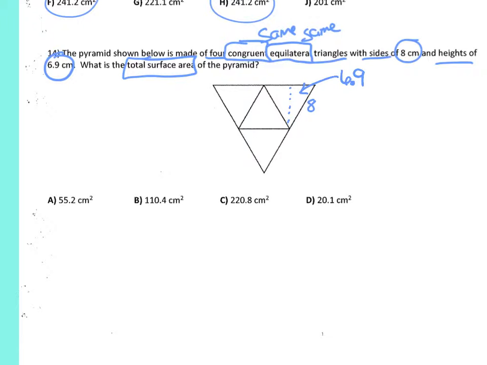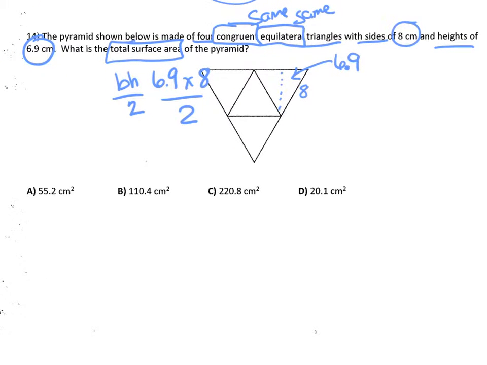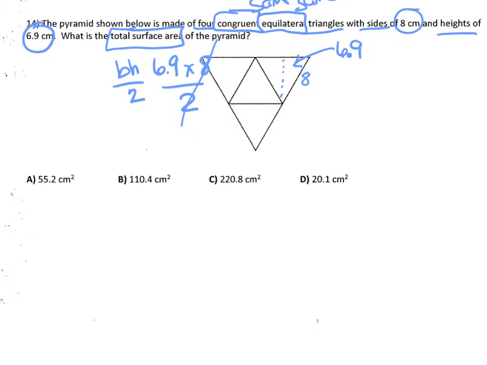So what formula are you supposed to use? Base times height divided by 2. And total means what? All of it. So I'm going to find the area of 1: 6.9 times 8 divided by 2. And I'm going to divide first. So 8 divided by 2 is 4.